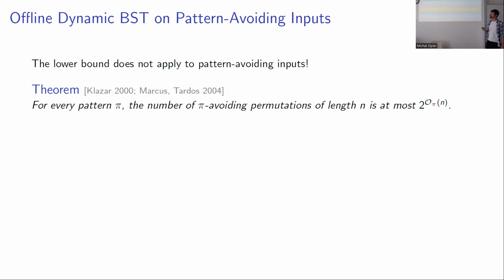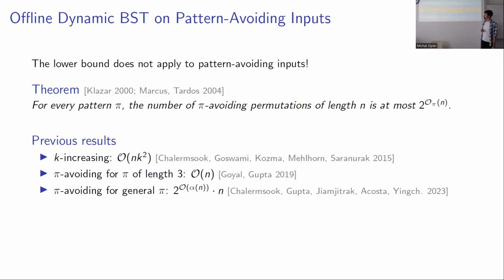This was known as the Sarunak conjecture. It was first reduced by Martin Kozma to a different conjecture, the Pettie conjecture, which was then resolved by Marcus Stadler in 2001. And therefore, we can hope for such a lower bound, and in fact, we could hope for achieving linear cost, and that's what we're aiming for.